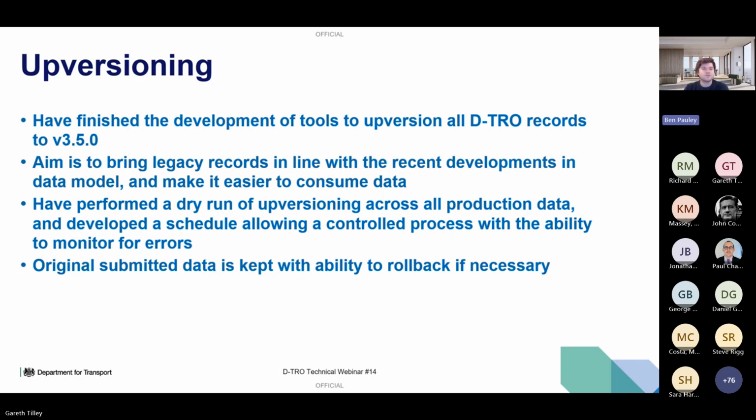So what we're intending to do here is to bring legacy records that have been submitted to the D-TRO service in line with the more recent developments in the data model and the schema. So we're pleased to report that we've actually finished the development of all the processes and tools needed to do that and run that across all of the data to upversion legacy records up to version 3.5.1.